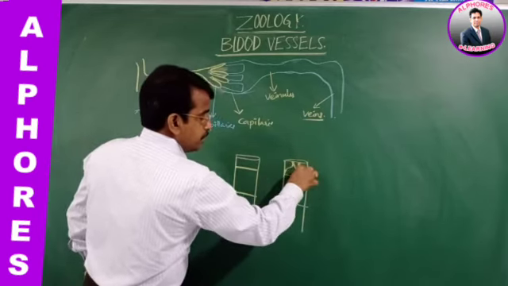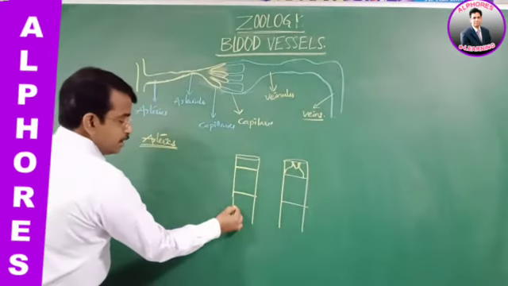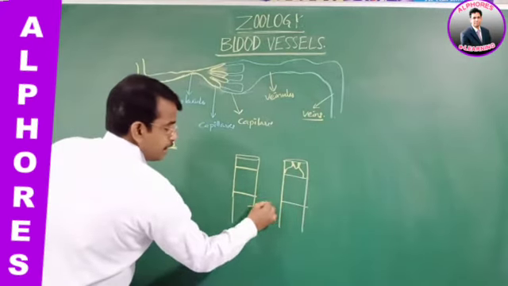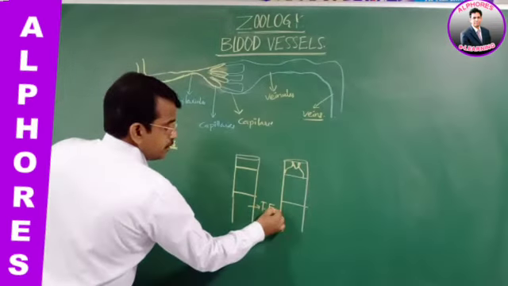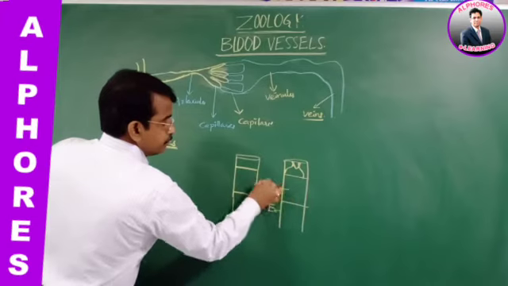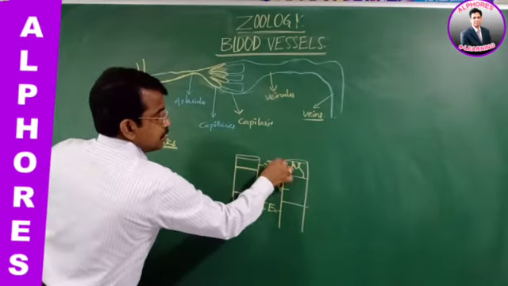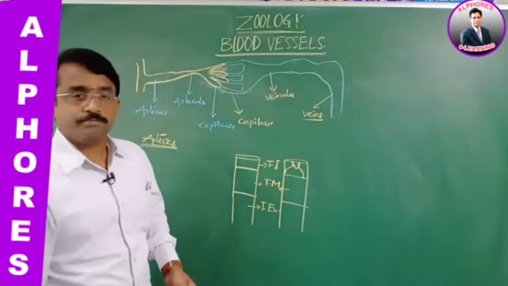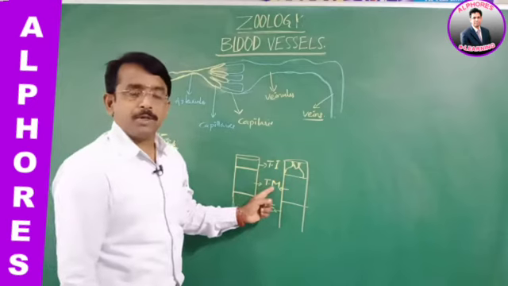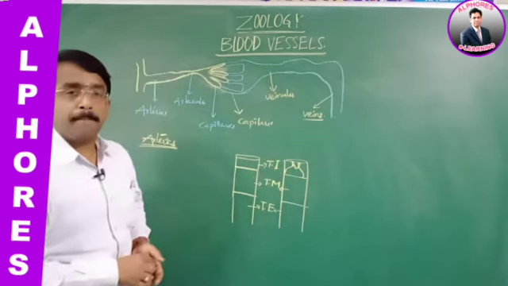That is the artery and vein. If we observe, it is with the tunica interna, tunica externa, tunica media. TE stands for tunica externa, TM tunica media, TI tunica interna.